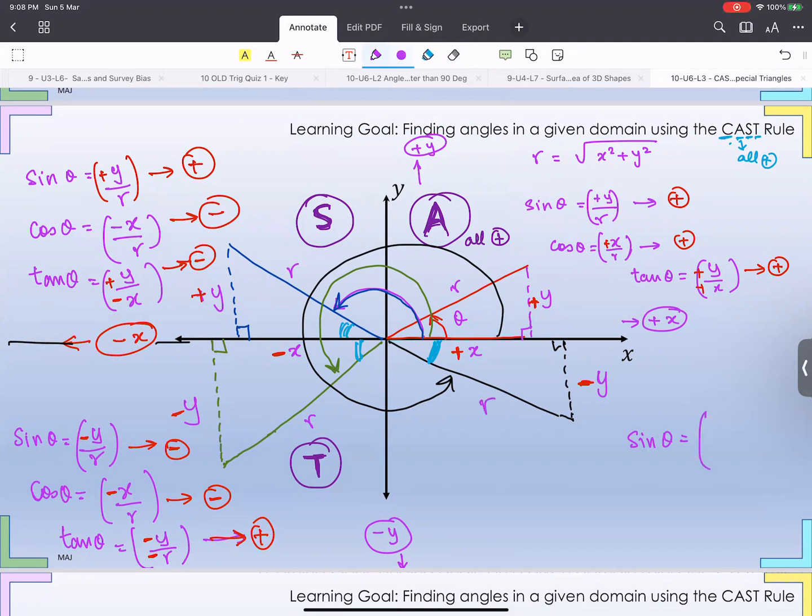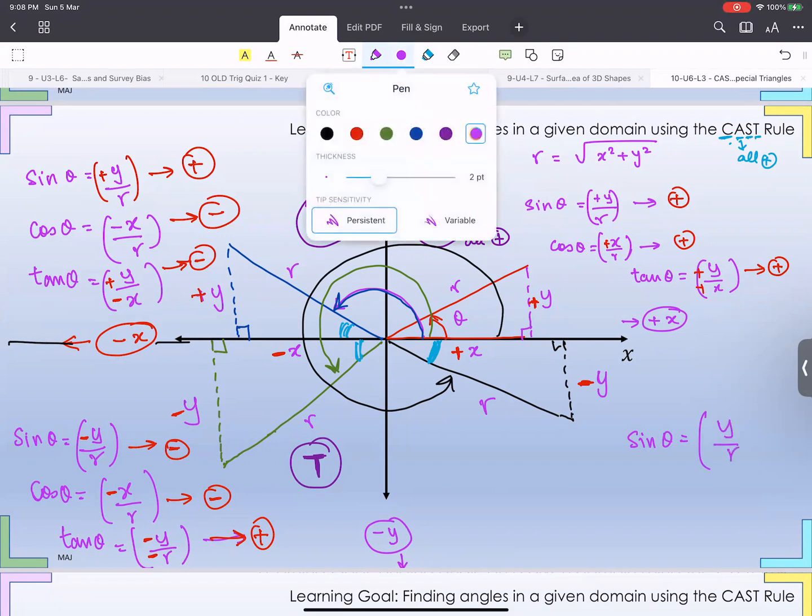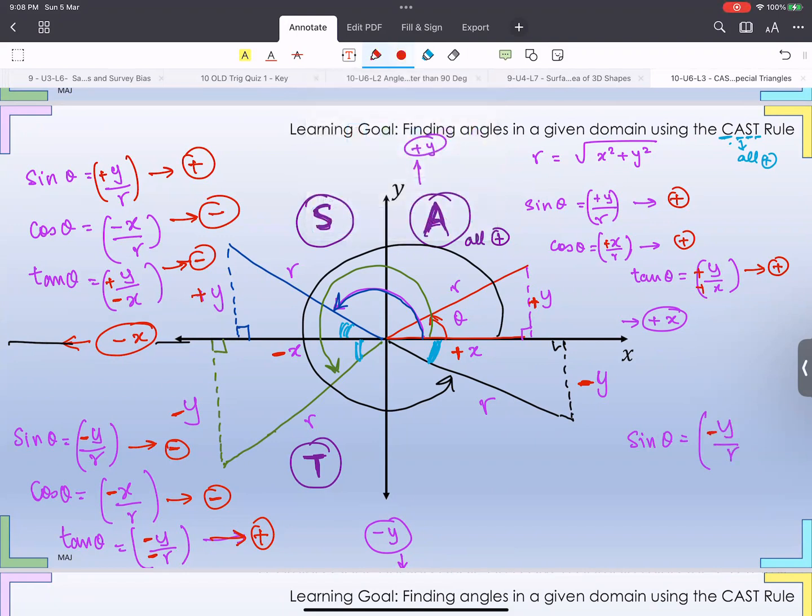Okay, so sine theta is y over r, except now y is negative. So that becomes negative, right? And cos theta is adjacent over hypotenuse, x over r, x is positive. So that's going to become positive divided by positive, which is positive.